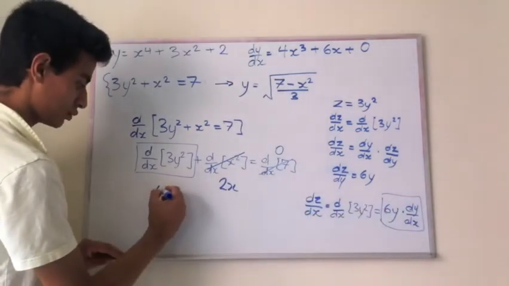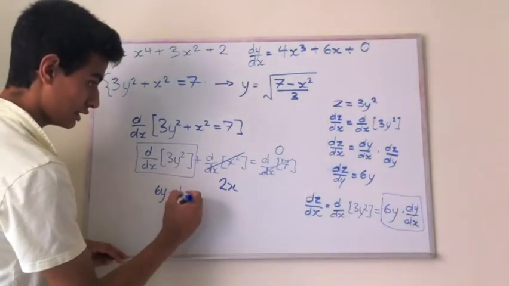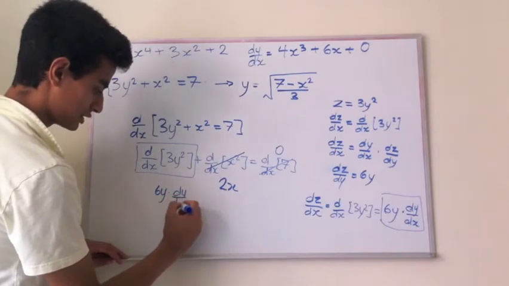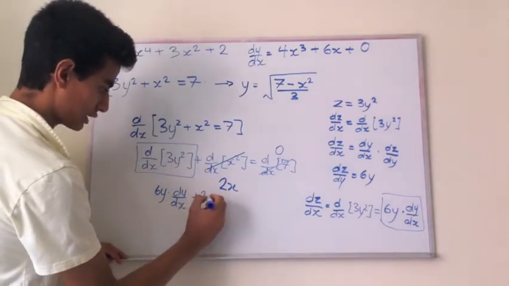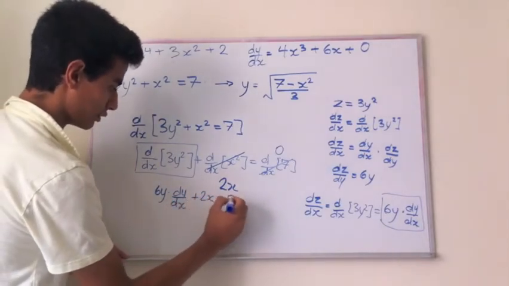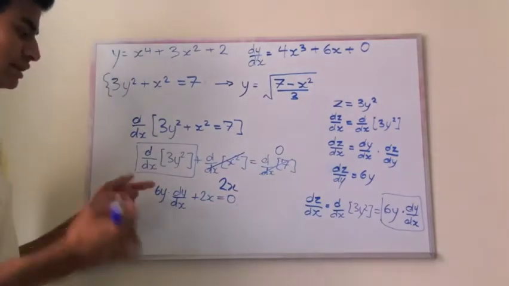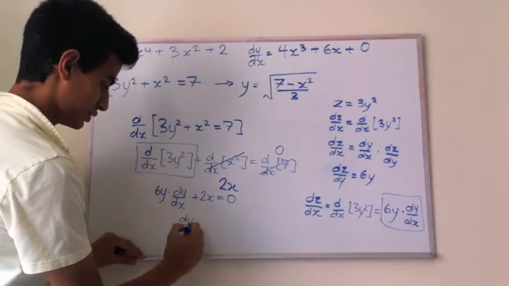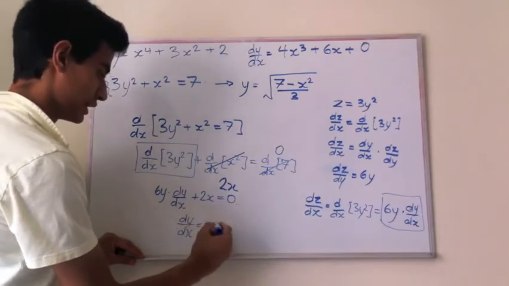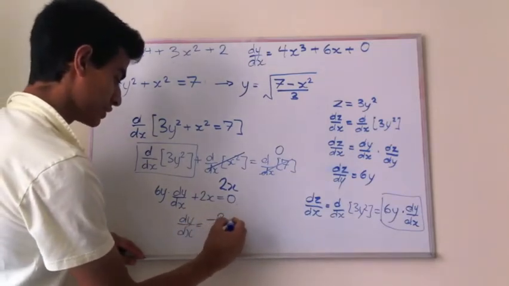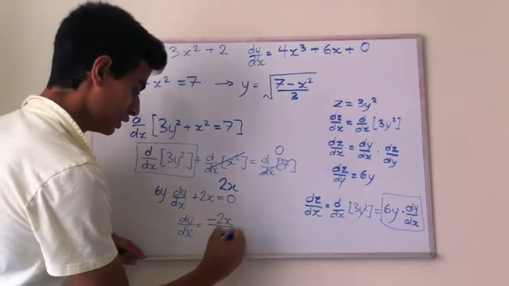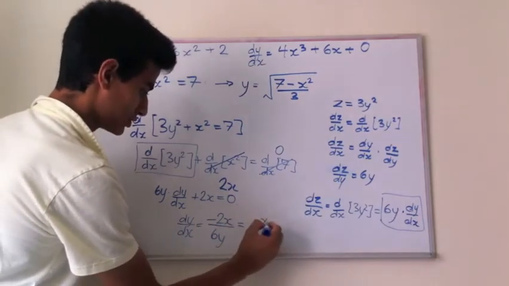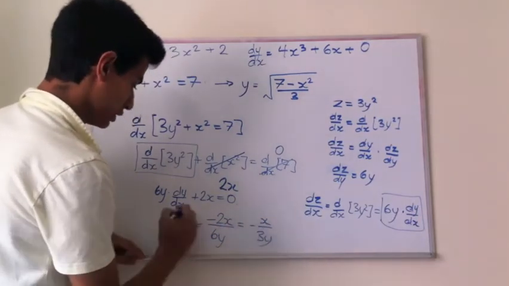So we get that 6y times dy over dx plus 2x is equal to 0. So now just isolating dy over dx gives us that dy over dx, the derivative of y with respect to x, is negative 2x over 6y, or negative x over 3y.